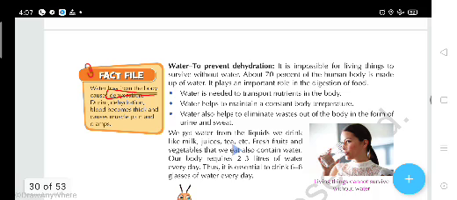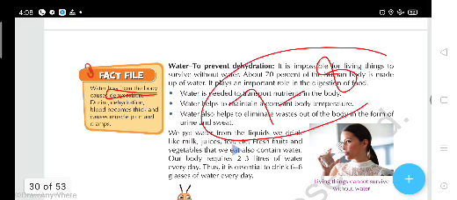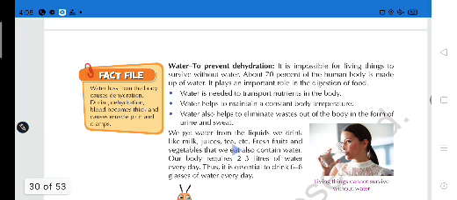Students, we must drink water as much as possible in large quantity, nearly 7 to 8 glasses, nearly 10 glasses you must drink every day, because each and every process and function of our body depends on the presence of water. And if there is a lack of water in our body, then you can suffer from dehydration.